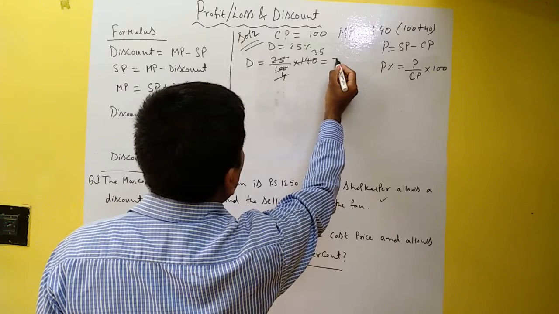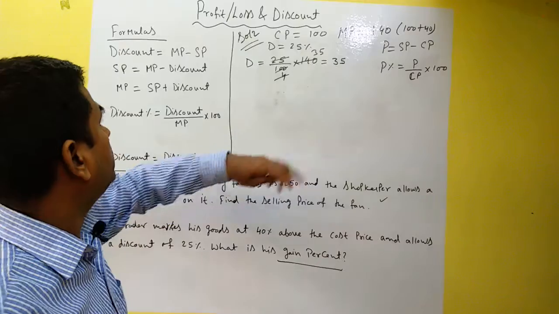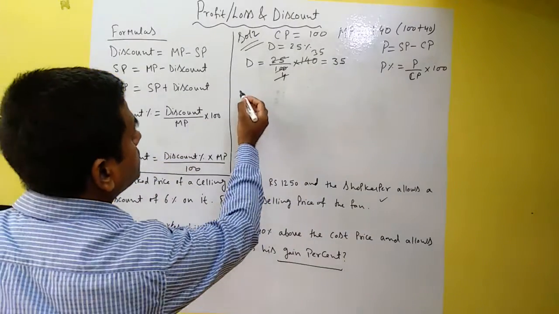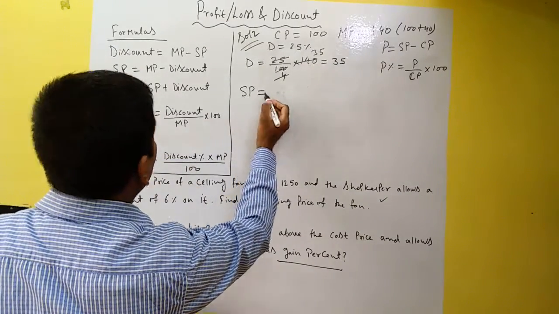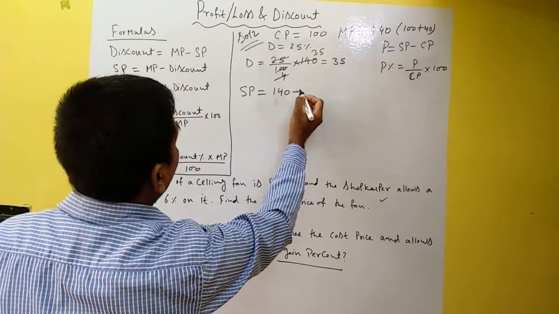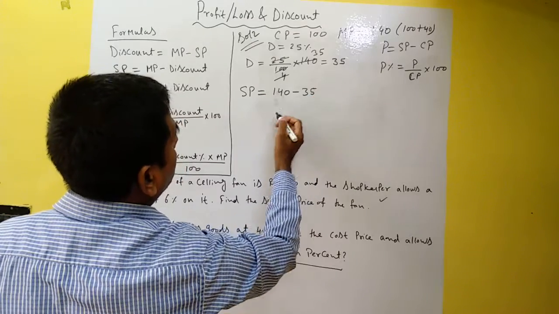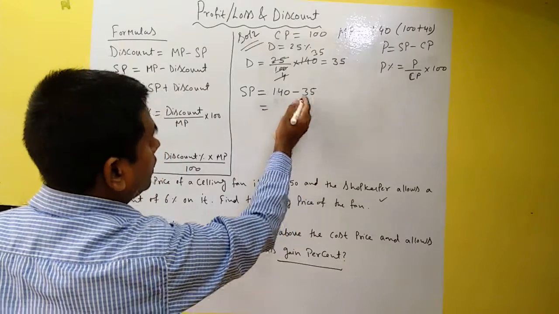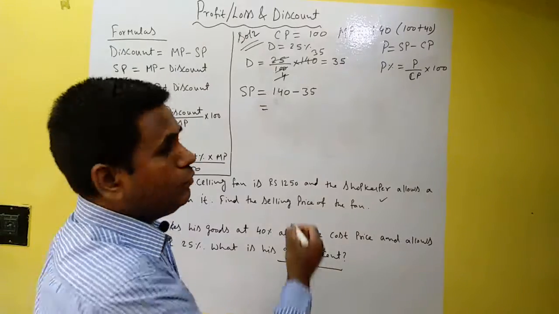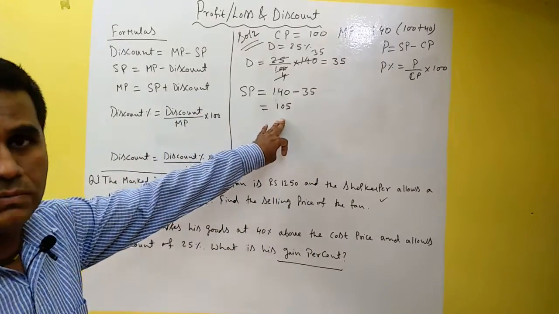So discount in rupees is 35. Now let us calculate the selling price. Selling price is equal to marked price, which is 140, minus discount 35. Upon subtraction, we get 105. So we got the selling price.